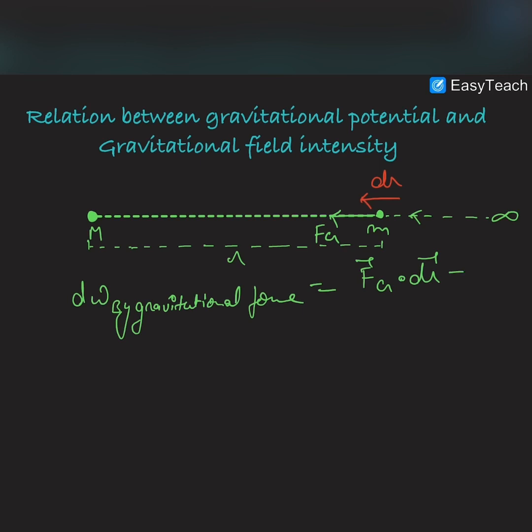So this work done would be equal to minus dU, a decrease in potential energy, and therefore dU will be equal to minus F dot dr.